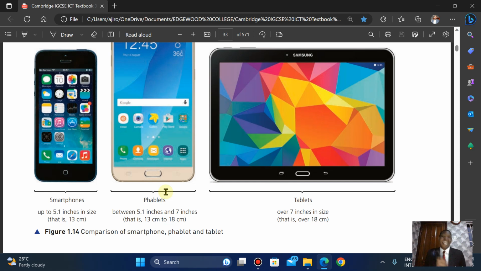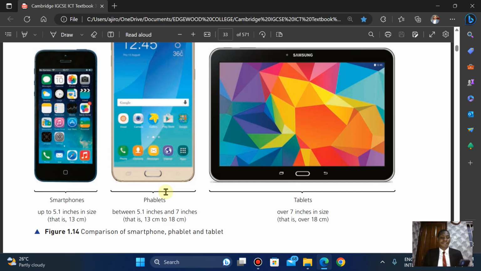And then you have your iPad 2021. Now that is a tablet. So we use the inch to look at it. The inch is the difference. Trust me, this is going to be second nature. So you just know if you're using a smartphone or a phablet.